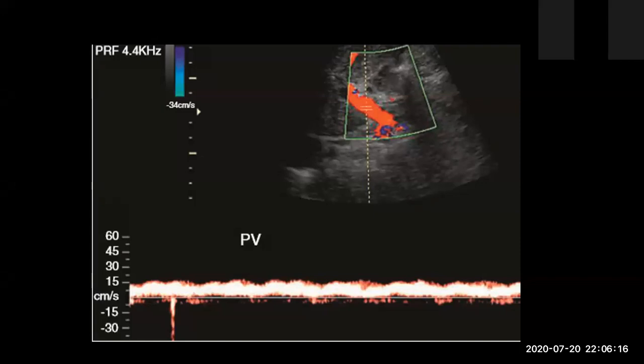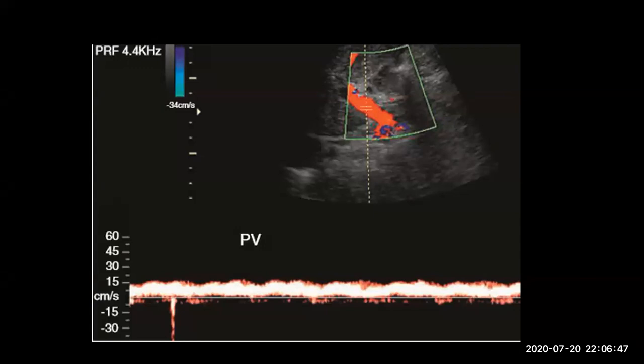So this is normal. And the flow of the blood, where is it coming from? Hepatopetal. Okay, very good. So this is a normal ultrasound of the portal vein.